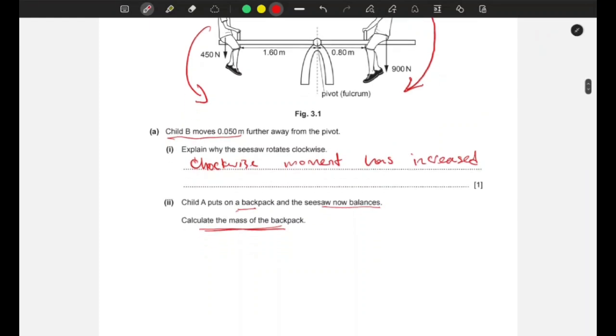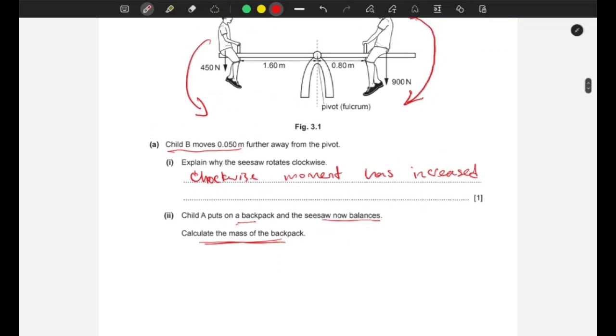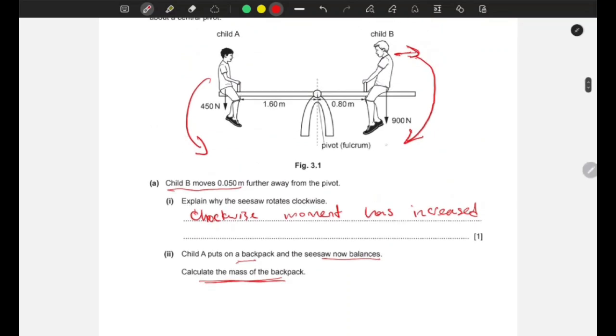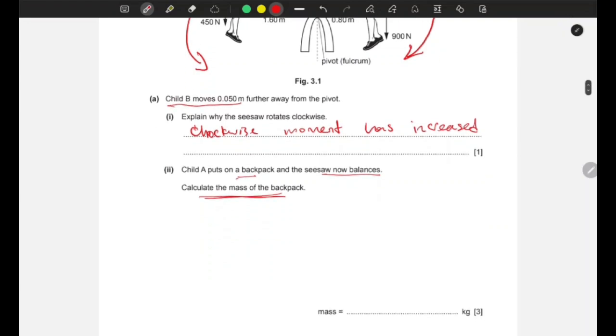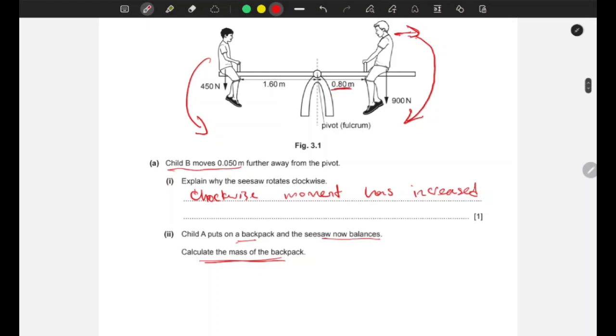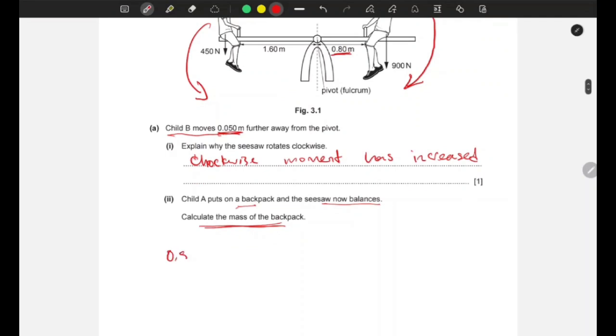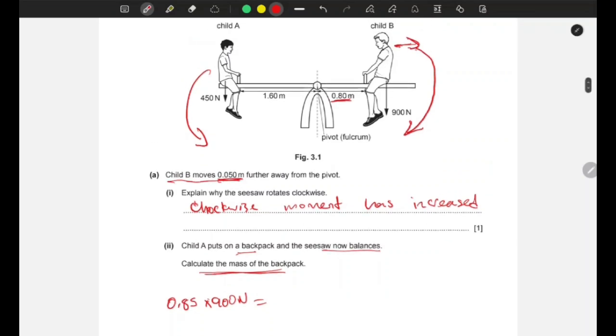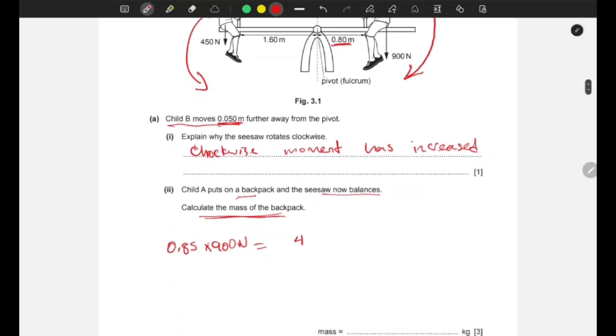First we have to calculate the moment for child B. The distance is 0.8, but they told us it moved 0.05 backwards, so it's 0.85 times 900 newtons. This should equal child A's moment, which is 450 plus the weight of the backpack times 1.6.